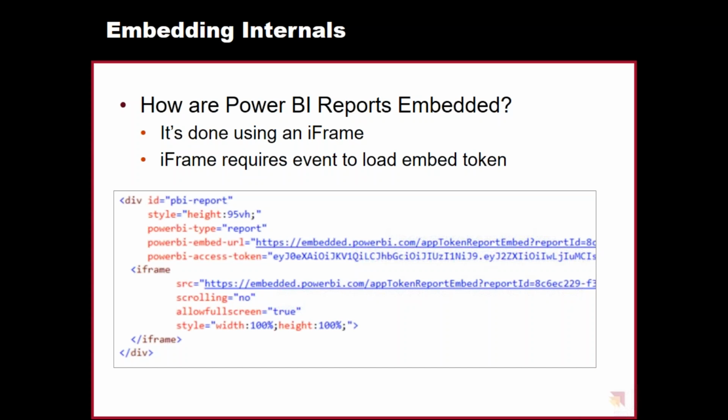We're going to use some server-side C# code that's going to create a div that looks just like that div without the iframe. Then we're going to use a JavaScript library by Microsoft, the PowerBI JavaScript API, and we're going to use that to automatically generate this iframe for us. Okay.